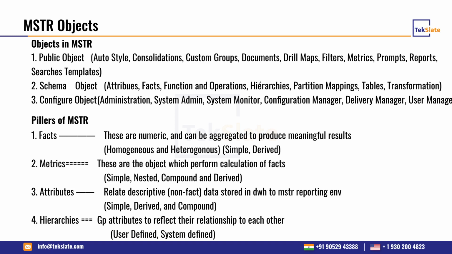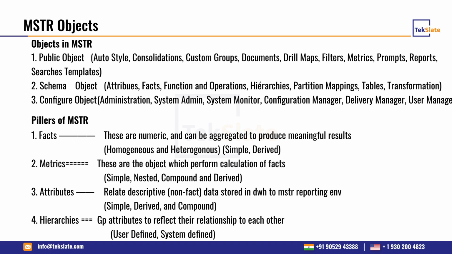As we know, dimensions and measures. Measures are where we use some analytical process, or where we can aggregate. Facts have the same meaning, but they can be aggregated to produce a meaningful result.